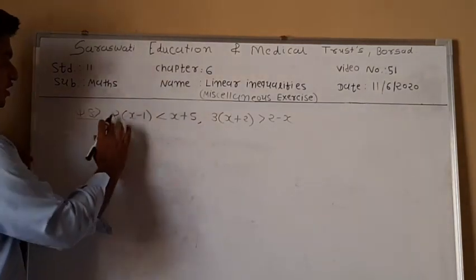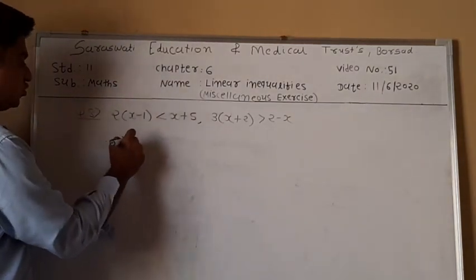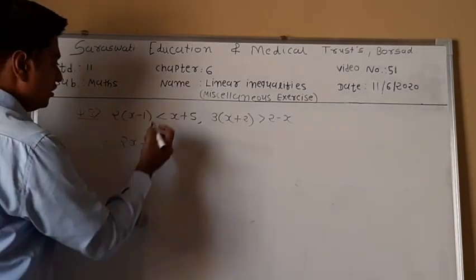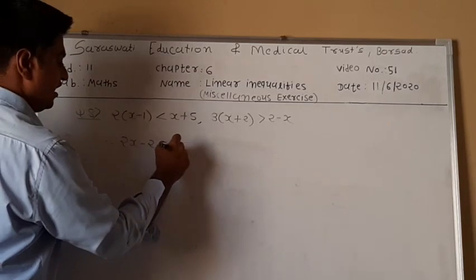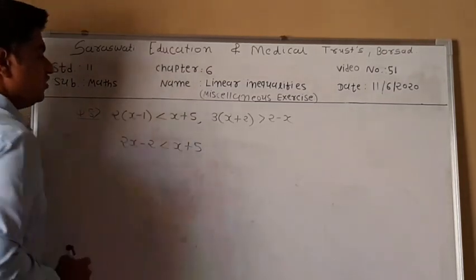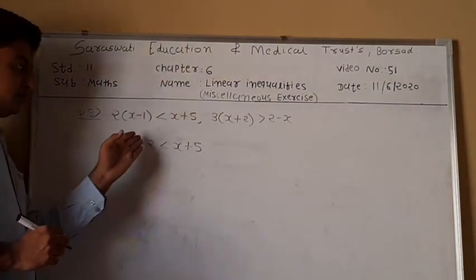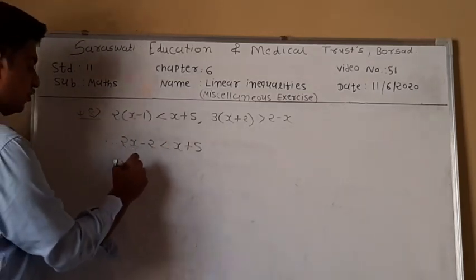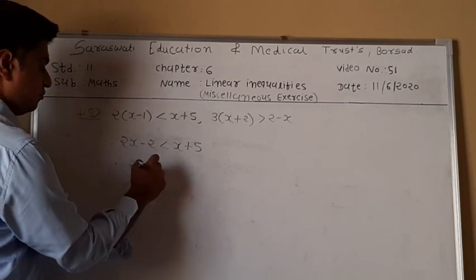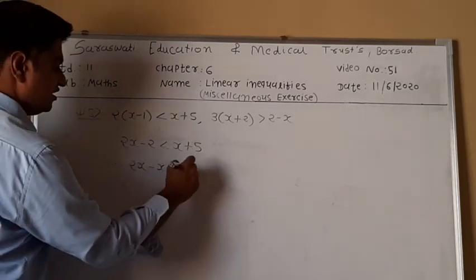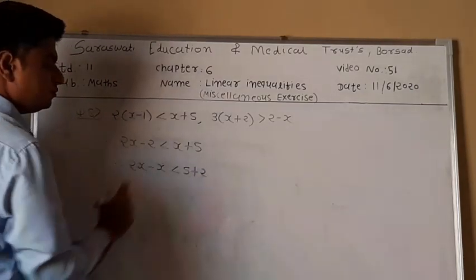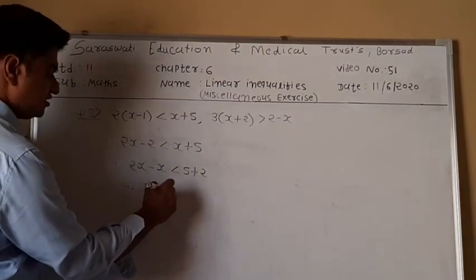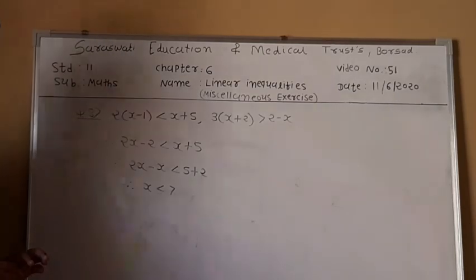First of all, open this bracket, so 2x minus 2 less than x plus 5. Now write the x terms on one side and the remaining terms on the other side. So 2x minus x less than 5 plus 2. Therefore x less than 7.